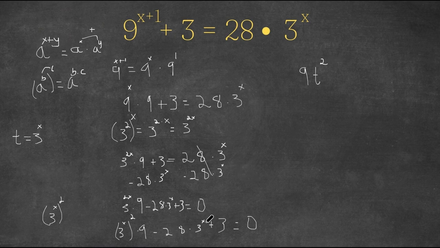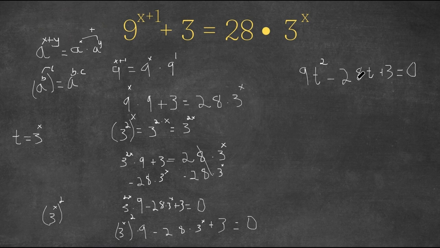Remember, 3 to the power of x is t, so we have minus 28t. And we simply have plus 3 at the end, and this equals 0.